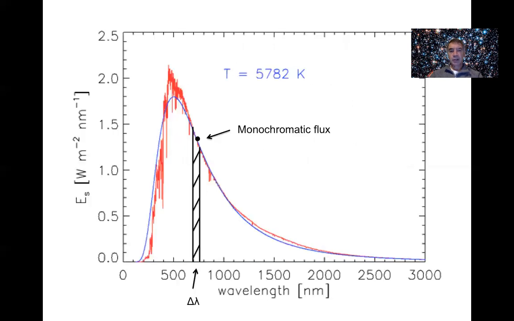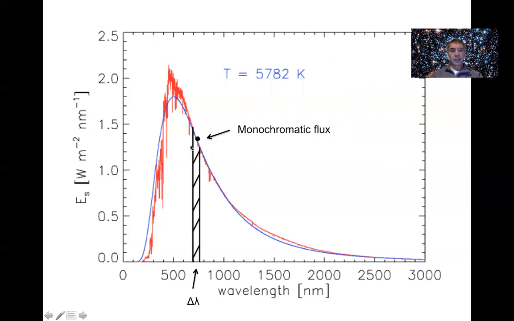Now, to show you graphically what we mean, let me take you back to a diagram similar to what we had in the first part. So you've got a spectrum of the sun here now in a bit more detail. And again, you've got a black body curve superimposed on the top here, but that's not particularly relevant here. What is relevant is what I've drawn here.